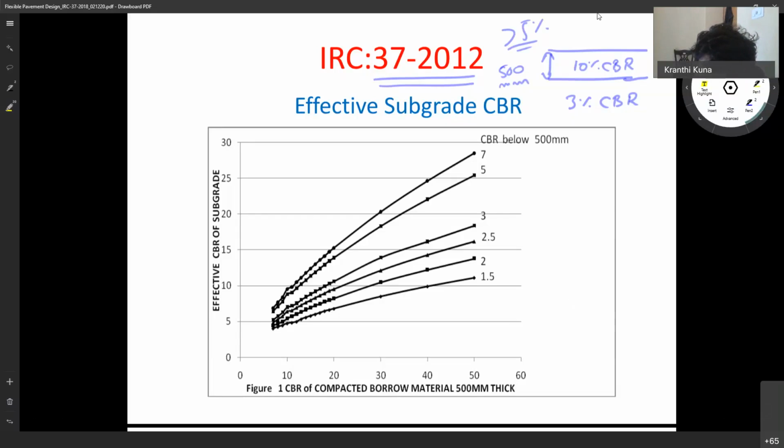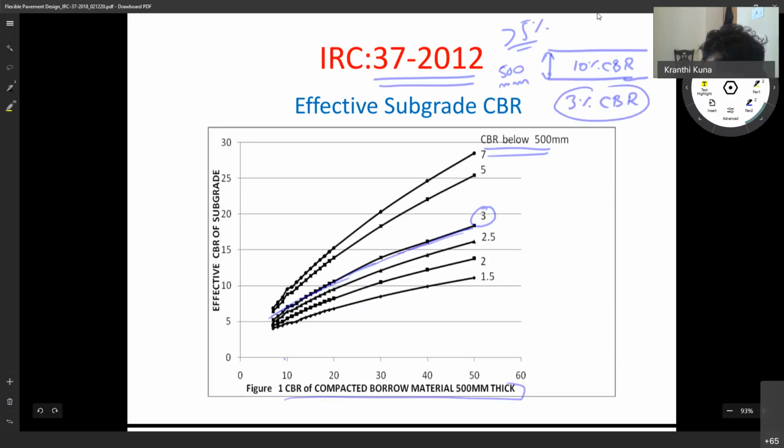What I can do is, so the CBR of compacted borrow material that I brought is 5%, and actually this is a line, isn't it? So this is the line for the 3%. So this is 3% CBR. I'm looking for a CBR below 500 mm. This is the one for this line.